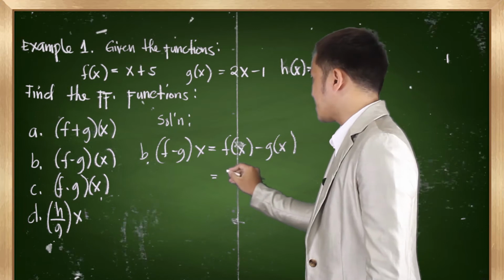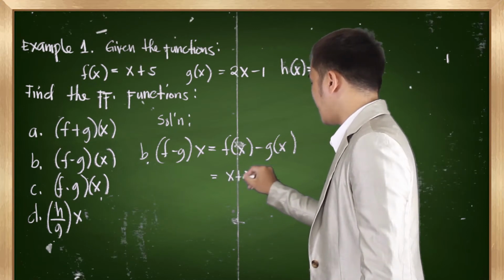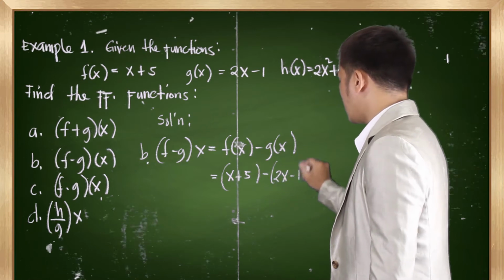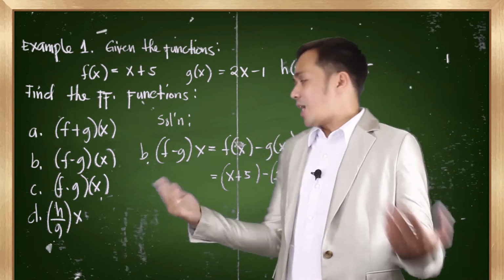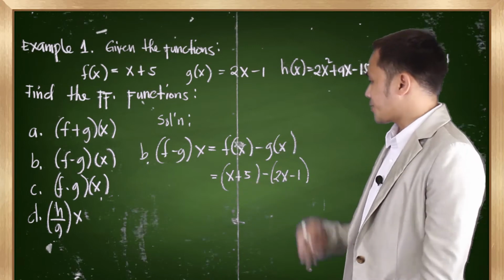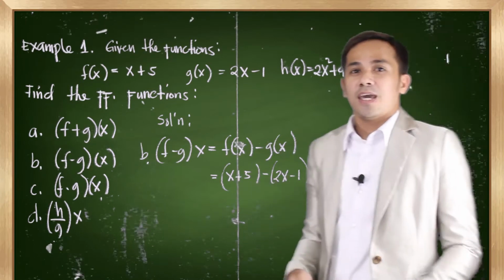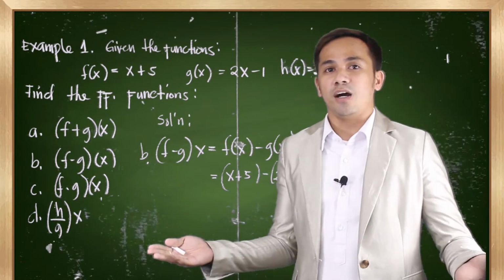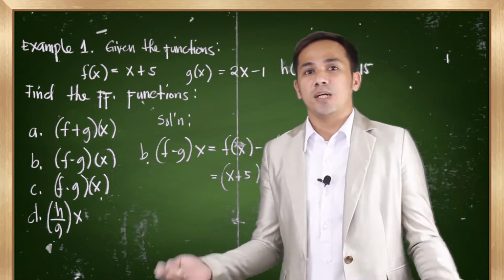And that becomes x plus 5 minus 2x minus 1. Now we are going to apply the rule of subtracting integers in this case. And we all know that in subtracting integers, we have to change the sign of the subtrahend and proceed to addition.